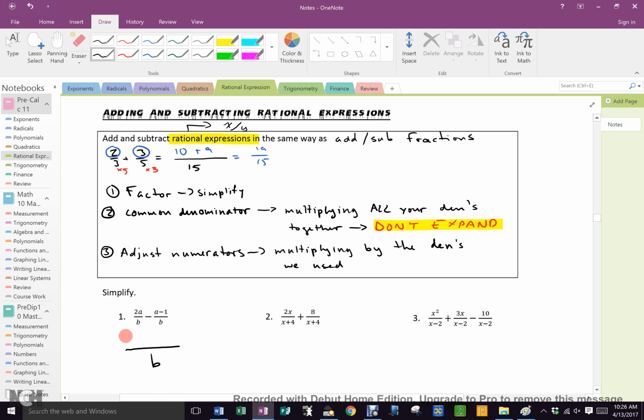What's the first numerator? 2a minus, what's the second numerator? (a minus 1). Why did I put those brackets? Because that negative is going to do something here, isn't it? What is this answer going to be? (a plus 1) over B.